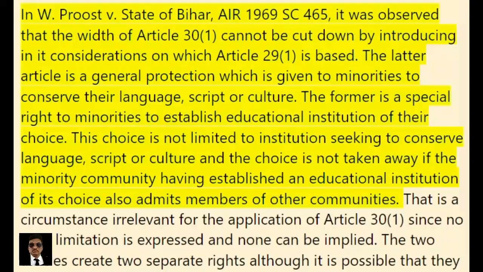The former is a special right to minorities to establish educational institutions of their choice. This choice is not limited to institutions seeking to conserve language, script or culture, and the choice is not taken away if the minority community, having established an educational institution of its choice, also admits members of other communities.